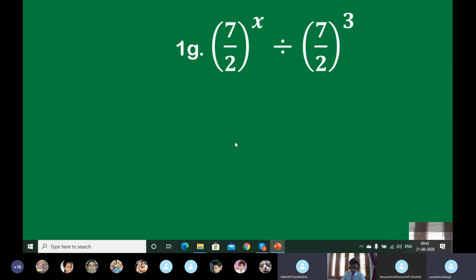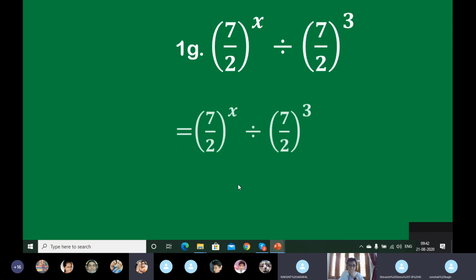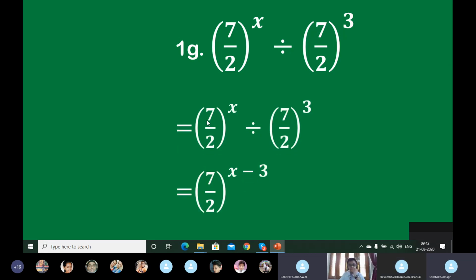So, 2 is going up and 7 is going down. The base is 7 by 2, because here we don't change anything, and the powers will be subtracted. Clear? Because this time the number is a rational number.